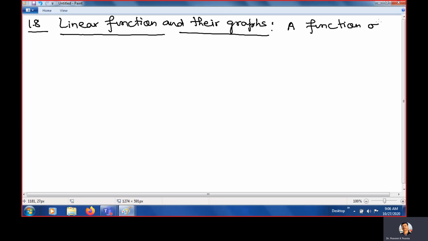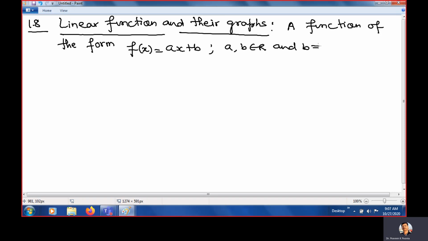A function of the form f(x) equals ax plus b, where a and b are real numbers, and remember a is not equal to 0, because if a is equal to 0, this x will be removed and it will not be a linear function.